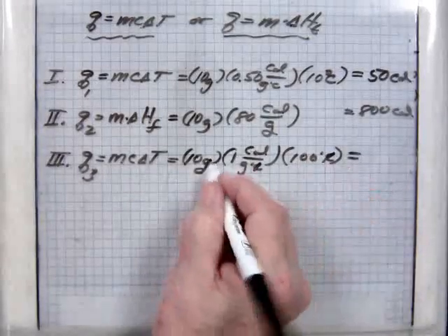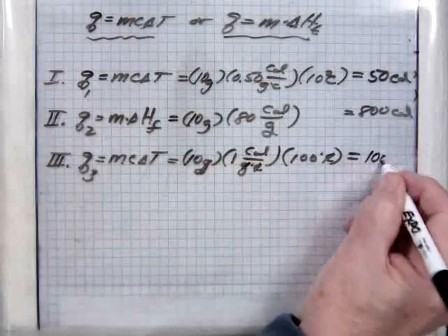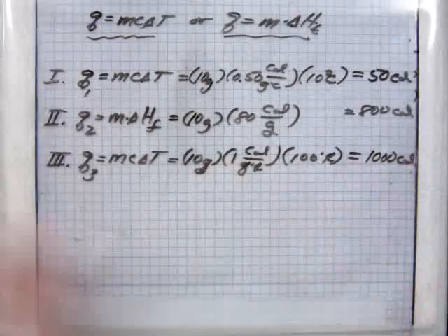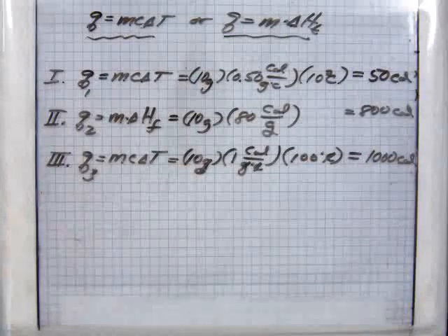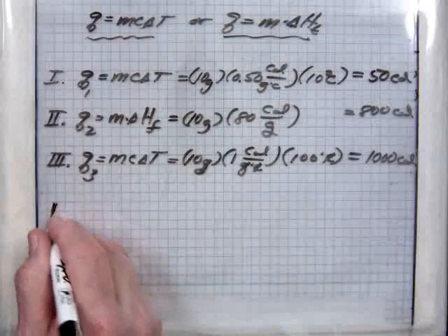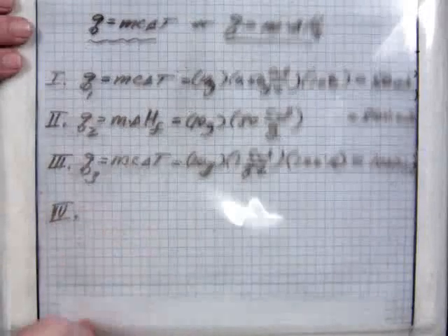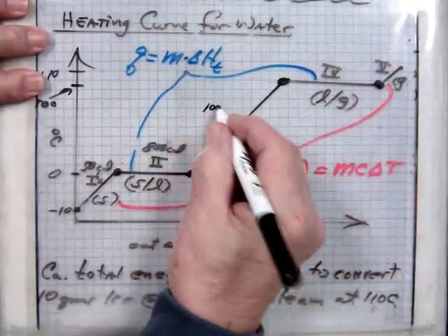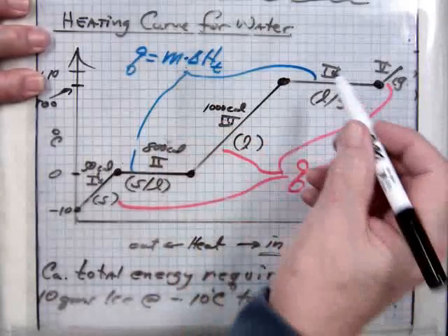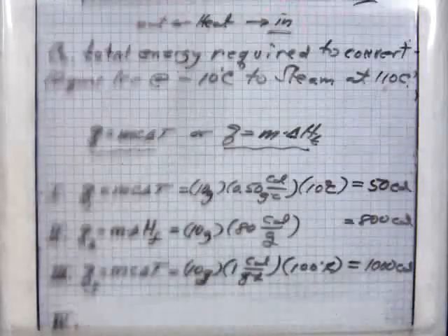C's drop out, grams drop out, and we're left with 1,000 calories needed to heat from 0 degrees to 100 degrees. The fourth region is evaporation, and so we see it's a horizontal line. Since it's horizontal, two phases in contact, we'll use the M delta H transition equation.